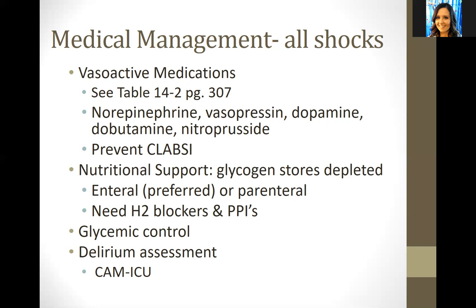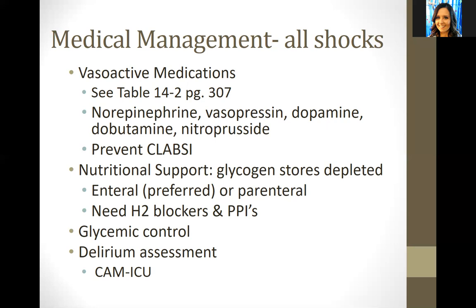If they don't have these calories, they'll break down muscle mass, which is not good because one, you need muscle, but two, it's going to prolong your healing. So let's give tube feedings. We can either do enteral tube feedings or parenteral like TPN. Enteral is preferred, so we might need to put a feeding tube down like an NG or a Dobhoff.